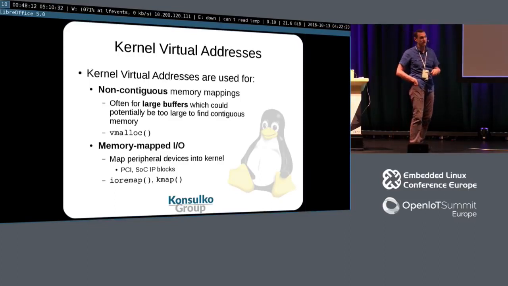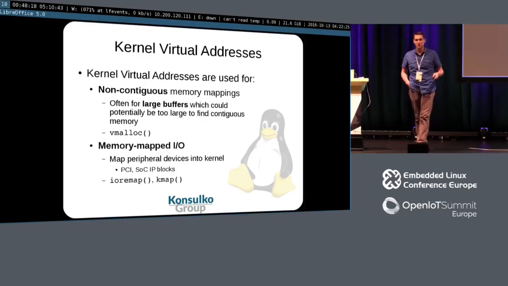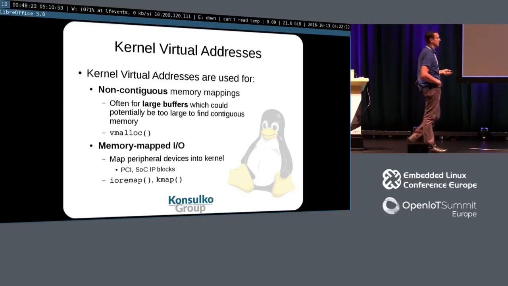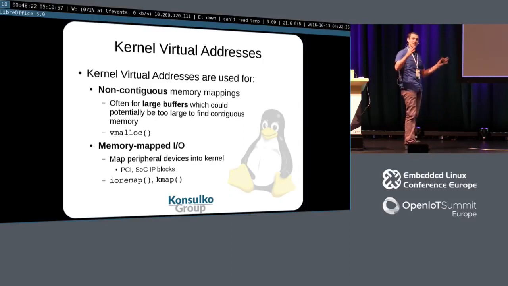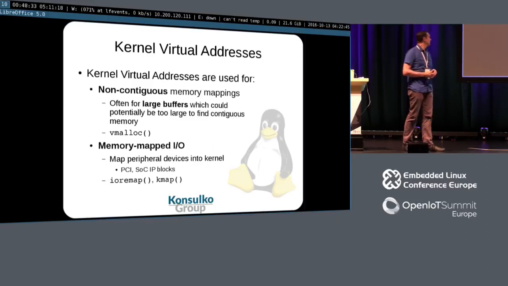So what's the practical case for that? insmod. You load a module, and memory is allocated. It needs to be virtually contiguous for that module, but doesn't need to be physically contiguous. So what you'll find is the module does vmalloc. It's got that virtually contiguous area, but the actual physical backing RAM could be scattered anywhere.